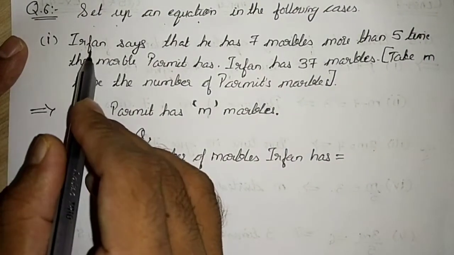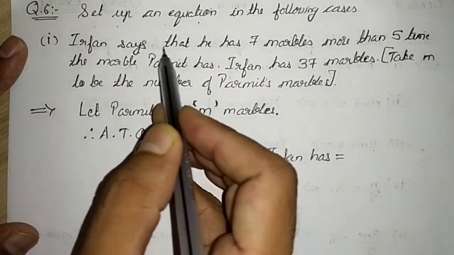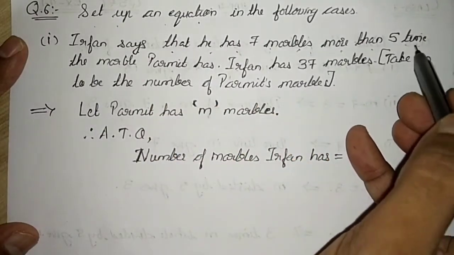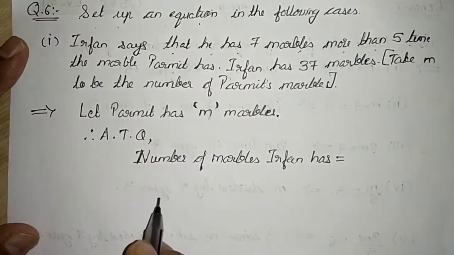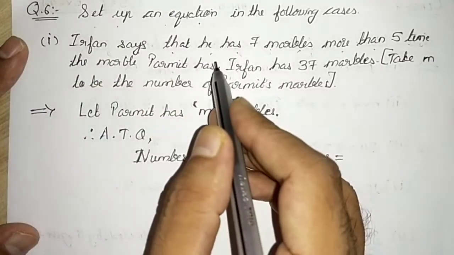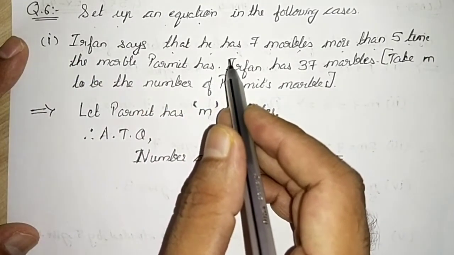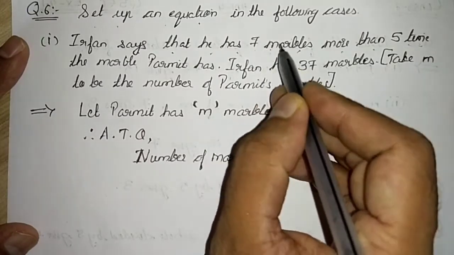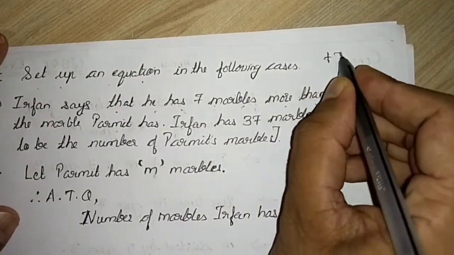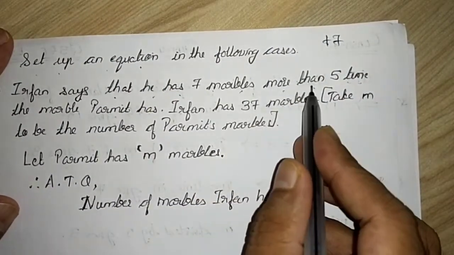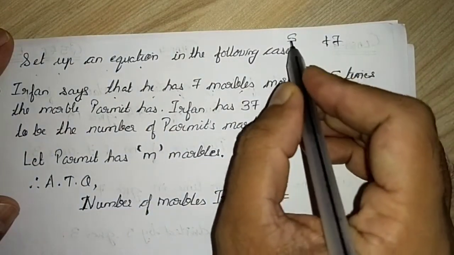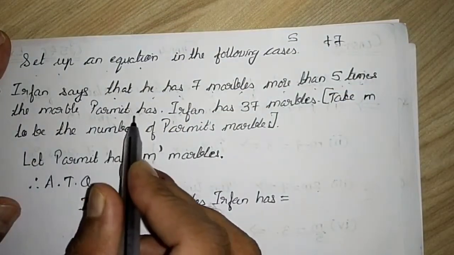The first part says, Irfan says that he has 7 marbles more than 5 times the marbles Parmit has. Irfan has some marbles, and it is 7 marbles more, that means plus 7. 5 times means multiplication, 5 times the marbles Parmit has.